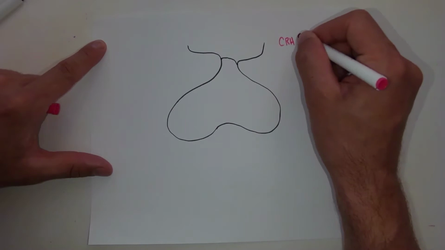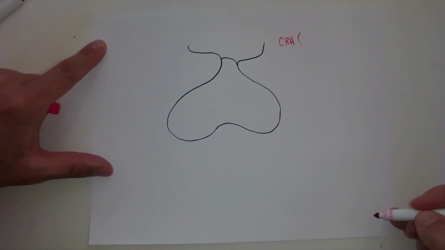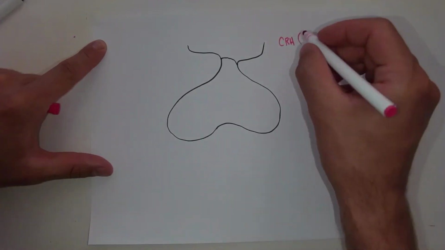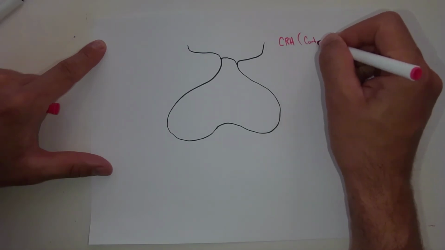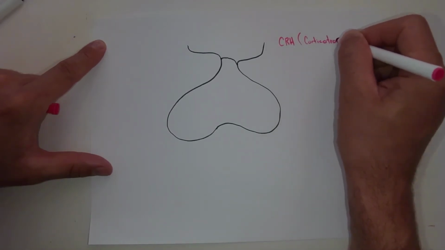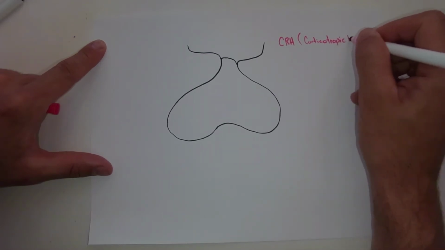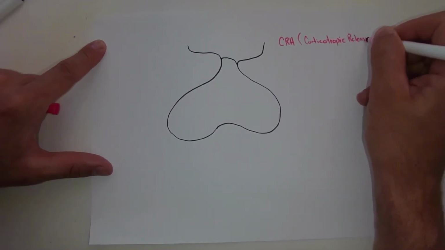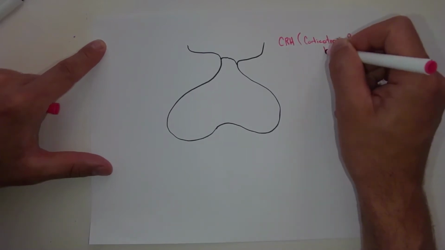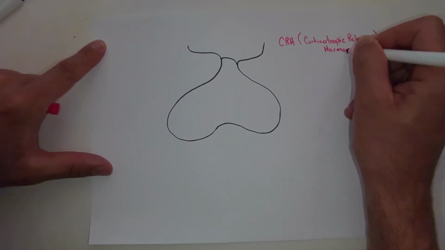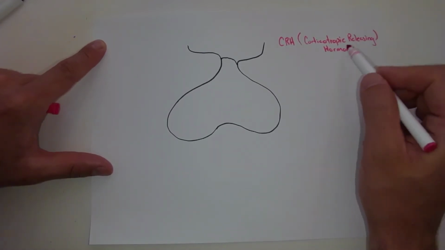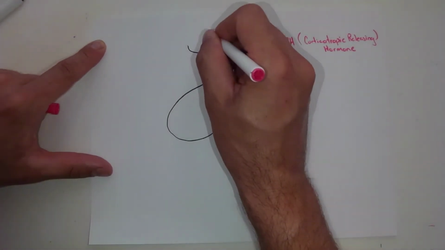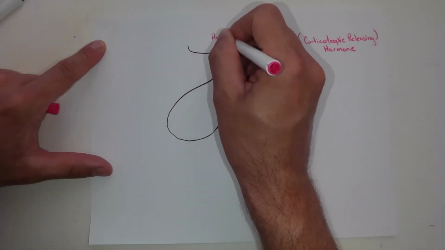Okay, now another name for CRH, if I'm going through my laundry list of the progression of a hormone, the name of the hormone is corticotropic releasing hormone. It's a releasing or inhibiting hormone in its name, so I know that it comes from that hypothalamus.